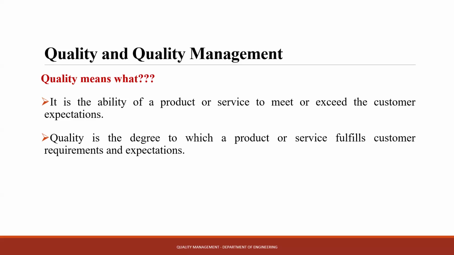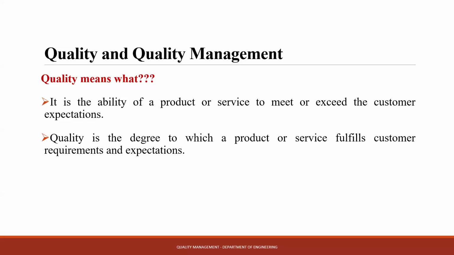For example, imagine you are buying a mobile phone. You expect it to have a good battery life, a clear, high quality camera, high features, and you are looking for smooth performance. So if the mobile phone meets all these requirements you have, then we can say that it is a high quality one.